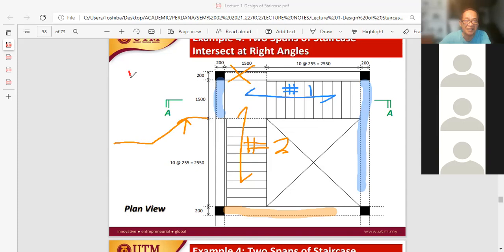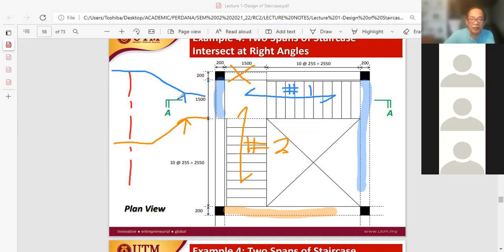This is my landing center line. Flight number 1 is from the lower floor going up, then going up again. Lower floor. It is hard to draw freehand. Okay, something like that.